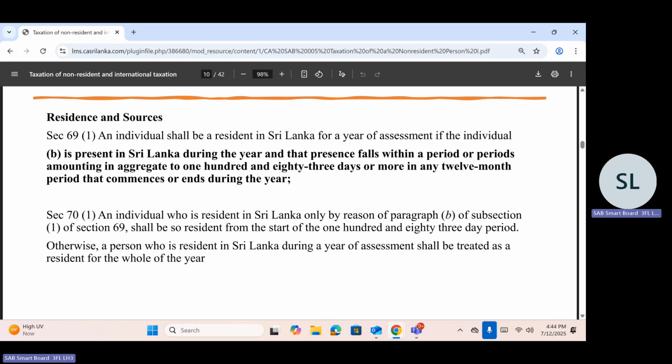This period he shall be treated as non-resident. And that is what is mentioned: he is present in Sri Lanka during the year, and that presence amounts in aggregate to 183 days or more in any 12-month period that commences or ends in the next year, it is ending.